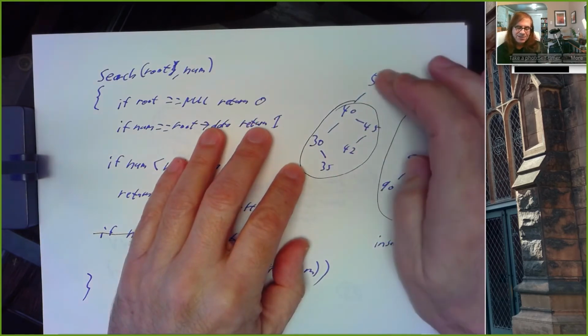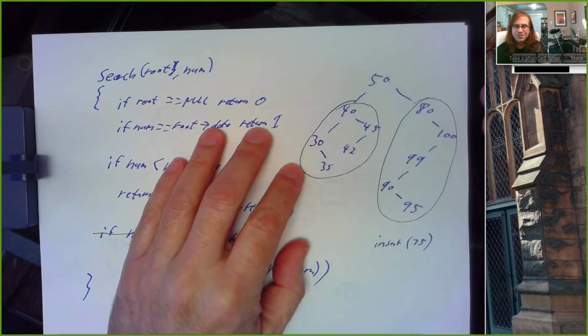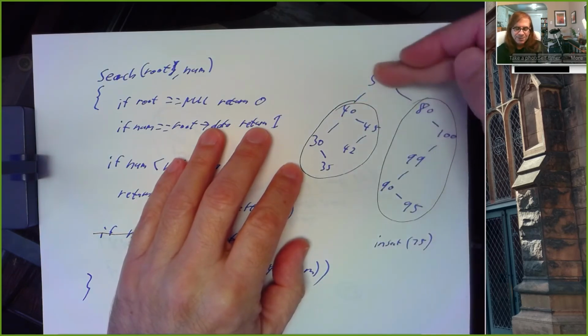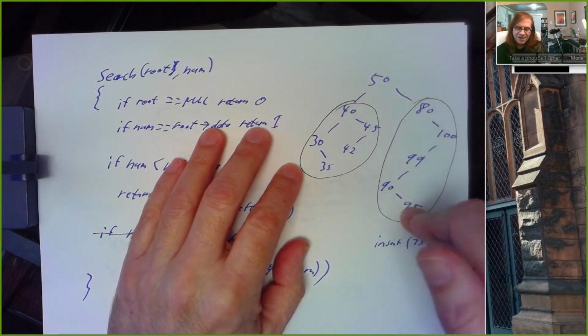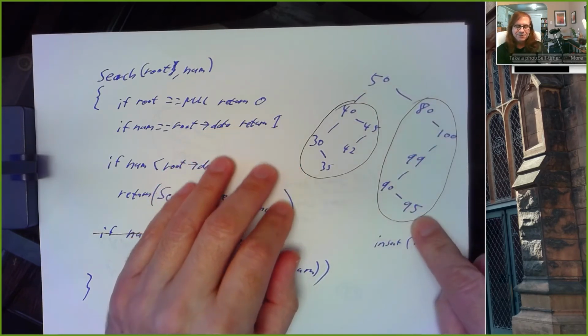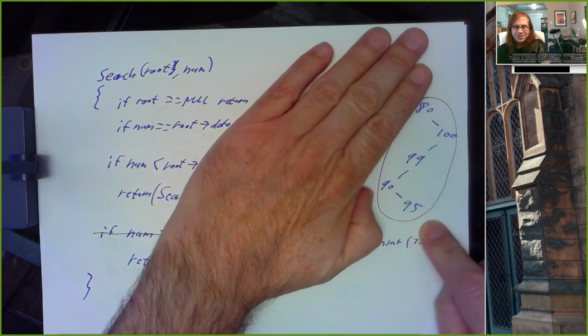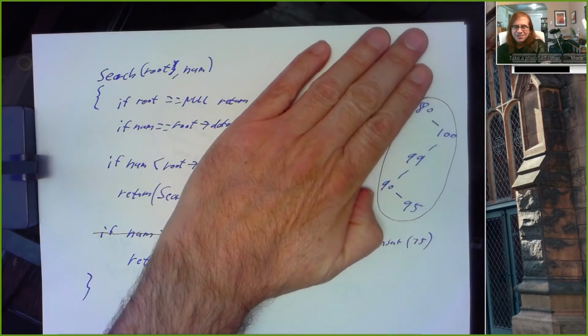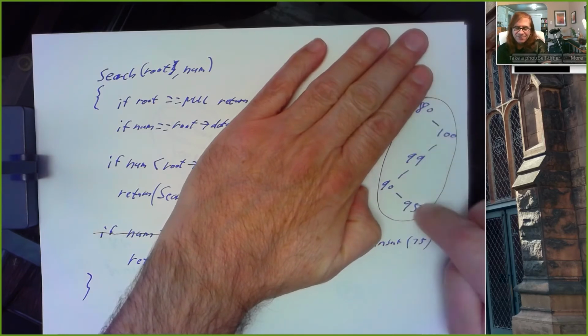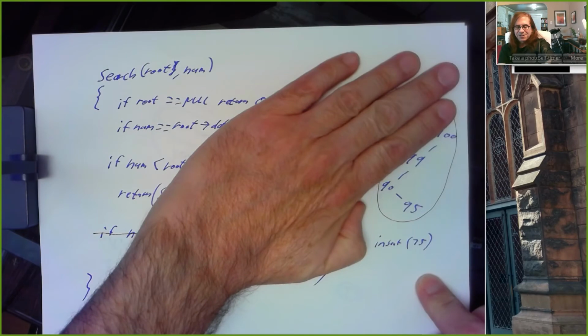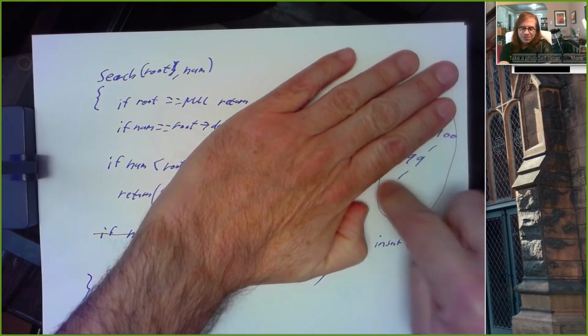Roughly speaking, it's the number of hops from the root to the deepest node. Well, in this tree, I can go 1, 2, 3, 4, 5 hops to get down to this 95. If I look at the right subtree, that has a smaller depth. My maximum number of hops from the root of this is 1, 2, 3, 4. If I look at this tree, the maximum number of hops is 1, 2, 3.